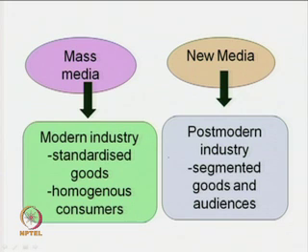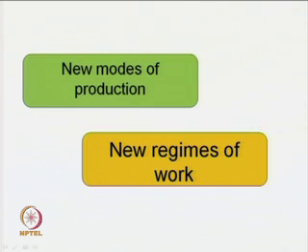The new media is to do with postmodern industry, where we have segmented goods and segmented audiences instead of homogeneous goods and audiences. This also gives rise, as we saw in the last lecture, to new modes of production and new regimes of work.